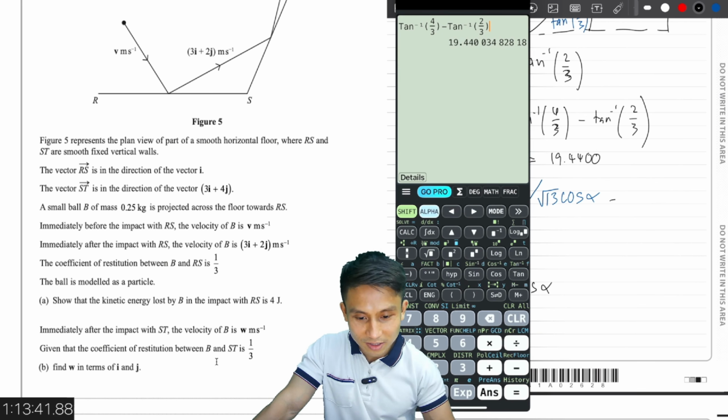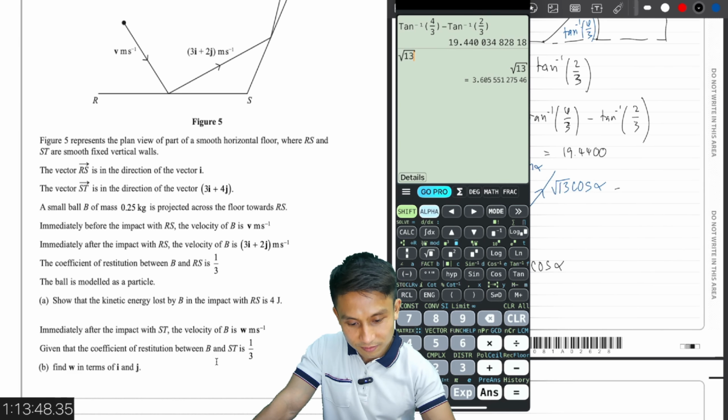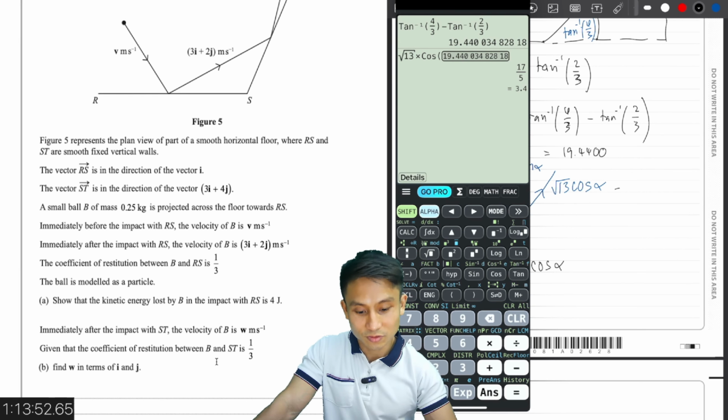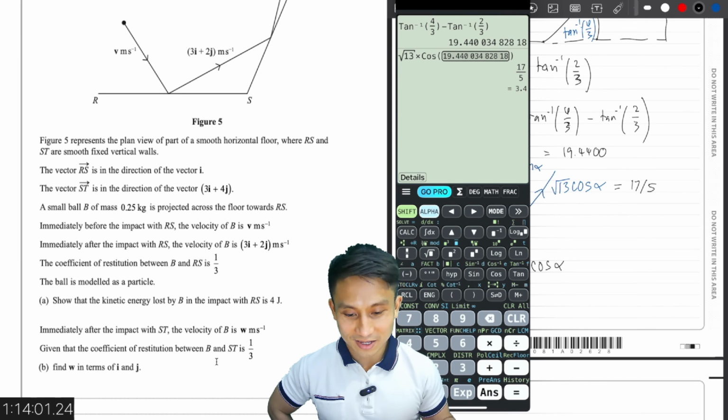We already have the angle there, so I'm just going to equal that just in case. So it's root 13 times cos of answer. Ooh, I'm lucky. It's just 7/5 there. It's good that I didn't round the value here.